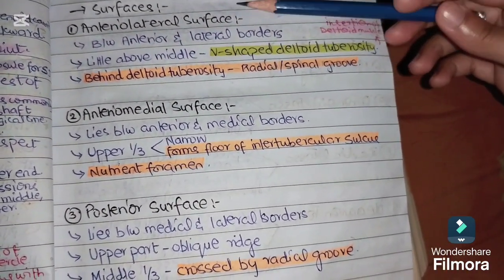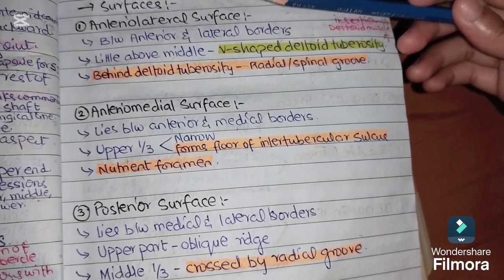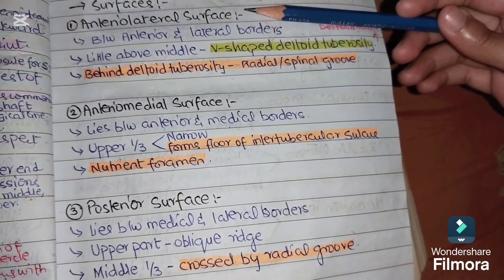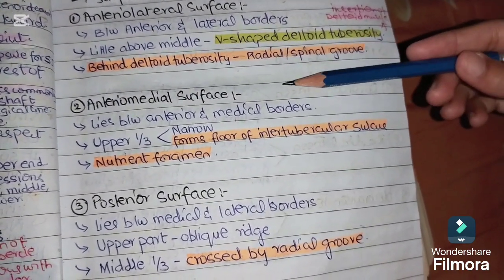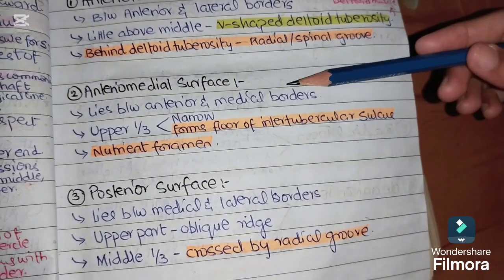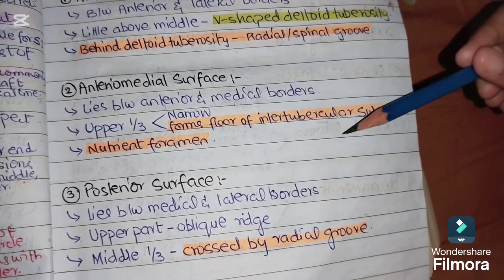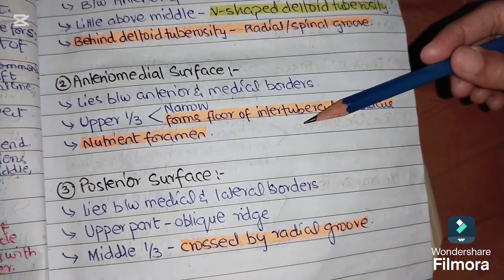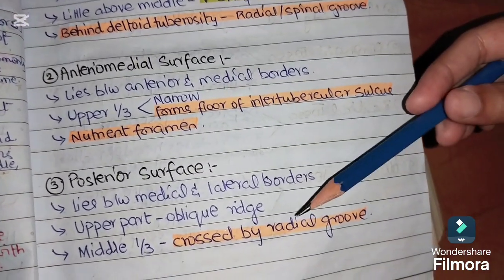So, the shaft of humerus consists of three surfaces: the anterolateral surface, which consists of the deltoid tuberosity; the anteromedial surface, which consists of the floor of the intertubercular sulcus and the nutrient foramen; and finally the posterior surface, which is crossed by the radial groove.